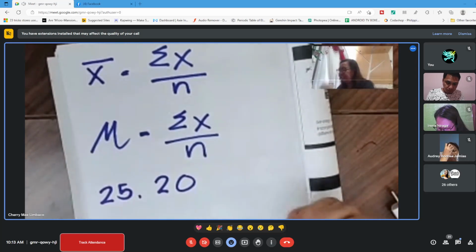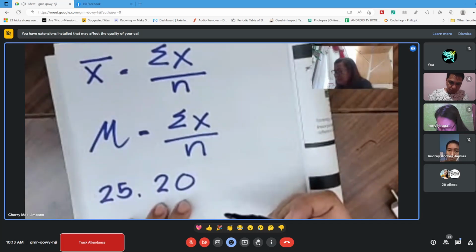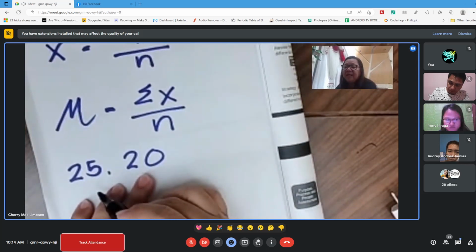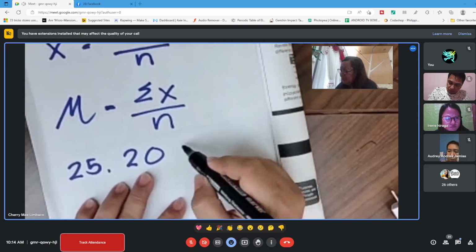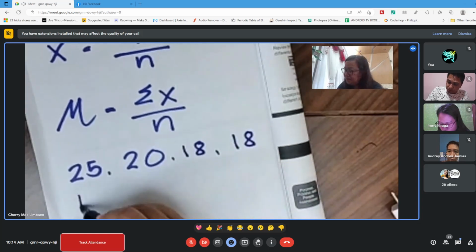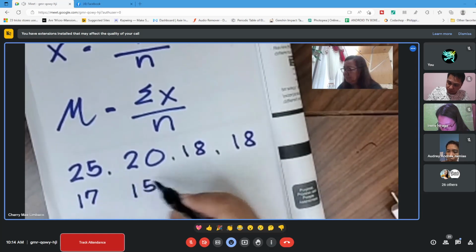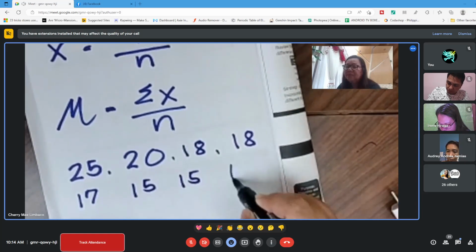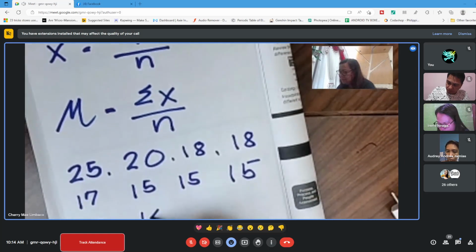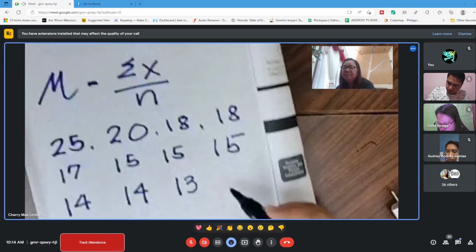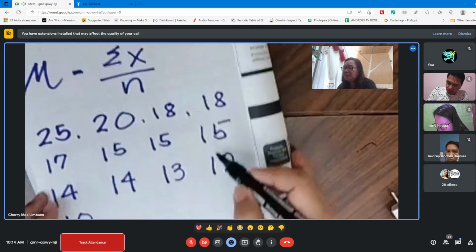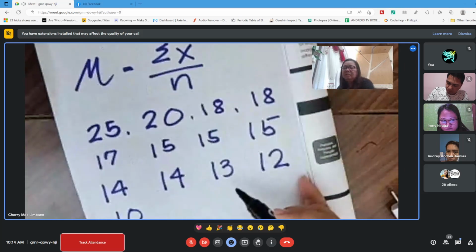The scores of 15 students in mathematics for a 25-item test. 25, 20, 18, 18, 17, 15, 15, 15, 14, 14, 13, 12, 12, 10, 10.